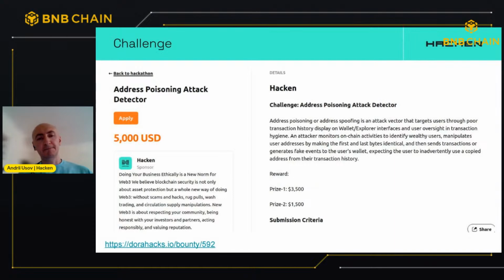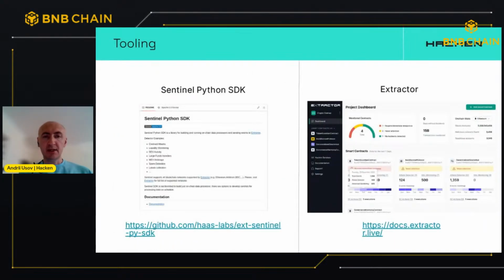And then the next step is what we can do, how we can develop detectors. At Hacking, we believe that an open community and tooling and open source for detection and prevention of attacks can help us to be in a safe place.